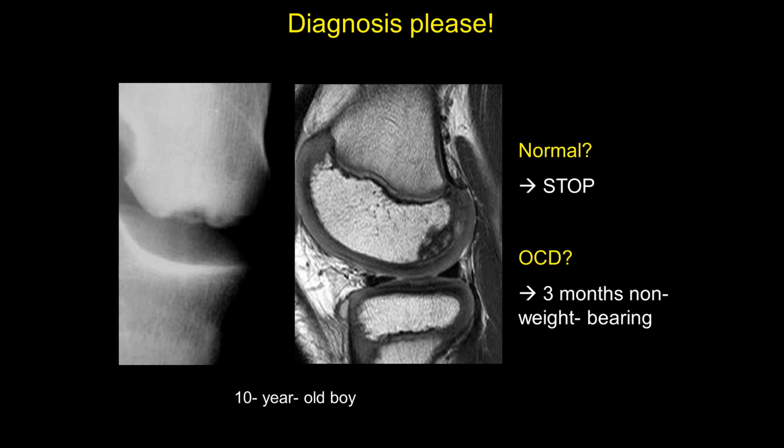So just to keep in mind, this is really important for the boy itself as well as the parents. If you state that this is an OCD, then the therapy is 3 months of non-weight bearing, and this really is a very big burden to the boy, but also to the parents. So you can make yourself very popular with the parents by making this diagnosis right.